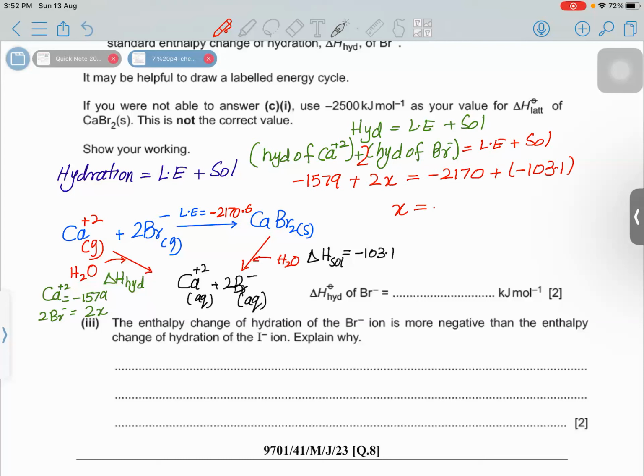Can you repeat it? Minus 347.4 kilojoule per mole.